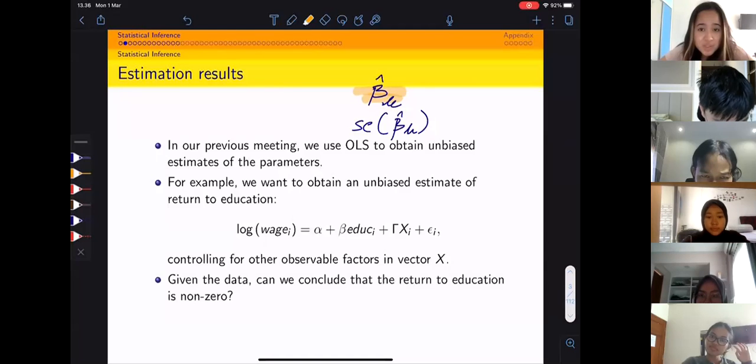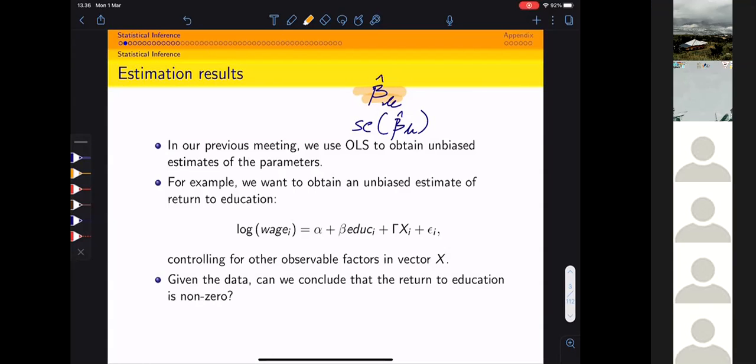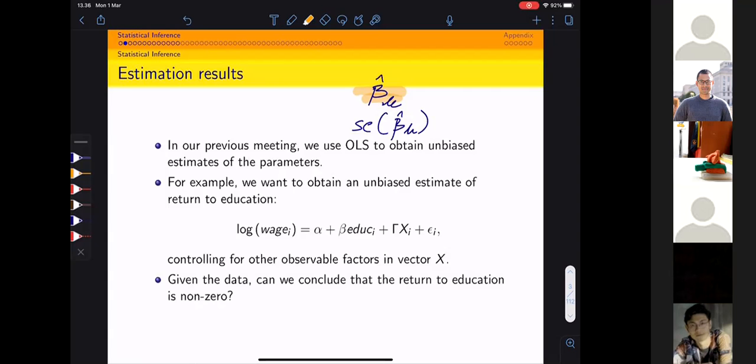Ahmad Zaki, do you recall one key assumption? Perhaps Arzak Zidan. Again, what's the key assumption to get an unbiased estimate of the beta?